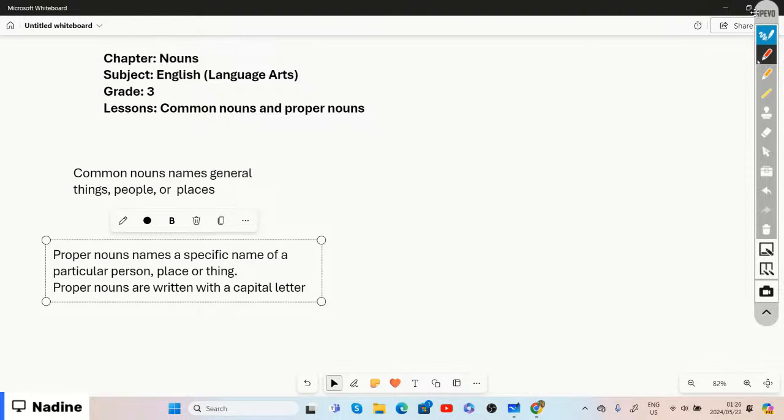All right. So now I'm going to write down a few sentences, and then you are going to identify the proper nouns. For now, we're just going to identify the proper nouns within those sentences. I'm not going to type it out.